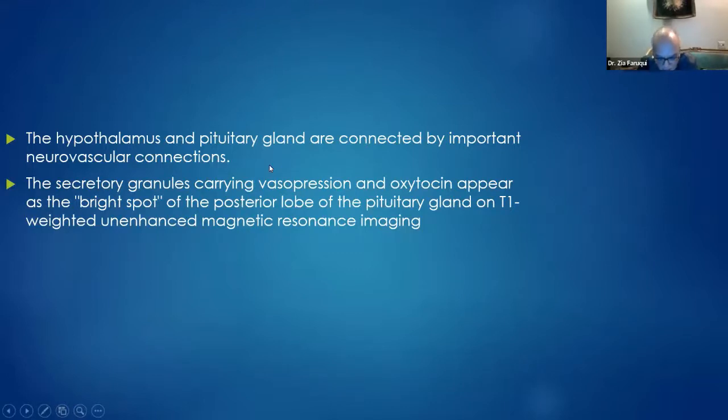The vasopressin and oxytocin are actually produced within the hypothalamus, and then they are stored in the posterior pituitary. So this is the difference: the posterior pituitary is basically a storing receptacle, and the anterior pituitary produces its hormones under the influence of the hypothalamic regulatory factors.